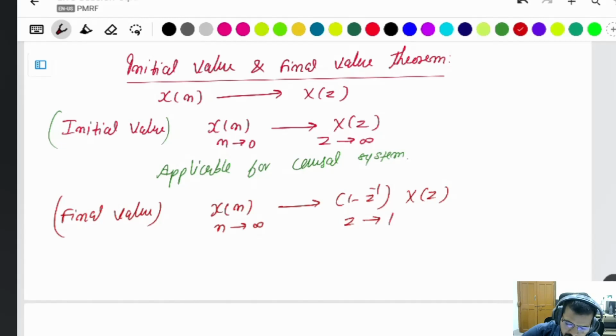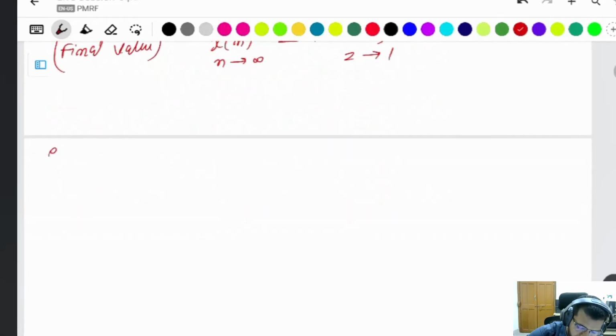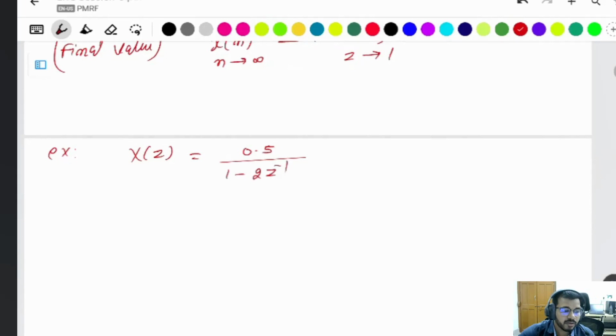Suppose, for example, X(z) is given as 0.5 divided by (1 minus 2 z inverse). Then what is the initial value of this?